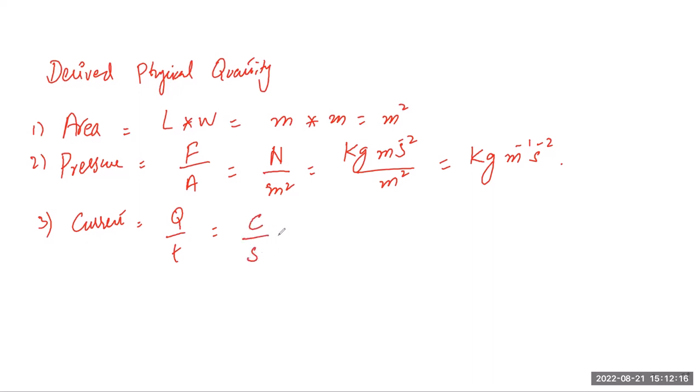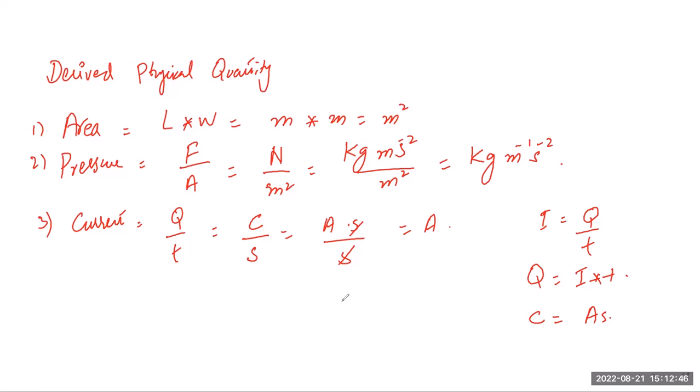But if I want to convert them into base physical quantities, I is equal to Q by T, and Q is equal to I into T. So a coulomb is equal to ampere second. I can write ampere second over second. So current has a unit of ampere. I hope you got the point.